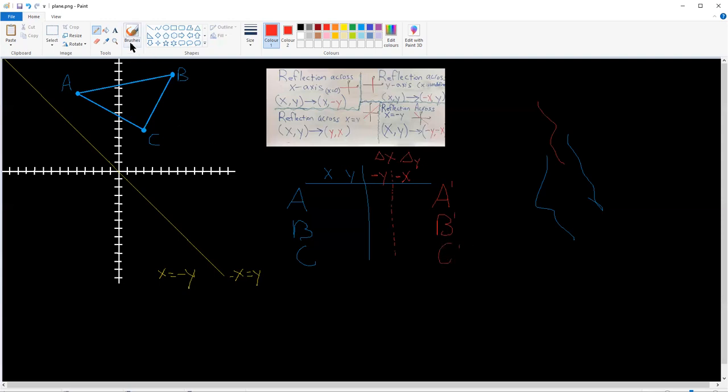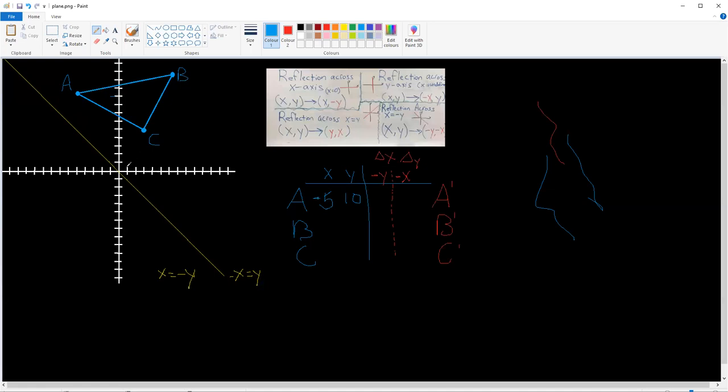Okay, so let's go ahead and pull off the coordinates for this. I'm going to say that this one is attached to this point. It's 1, 2, 3, 4, 5, 6, 7, 8, 9, 10. My y value is 10. My x value is negative 1, 2, 3, 4, 5. It's 5 in the negative direction.